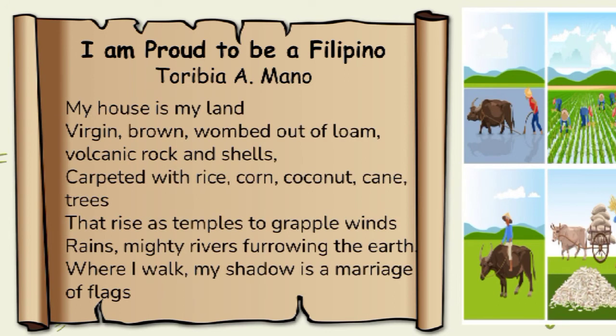My house is my land, virgin, brown, wombed out of loam, volcanic rock and shells, carpeted with rice, corn, coconut, cane, trees that rise temples to grapple winds. Rains, mighty rivers furrowing the earth. Where I walk, my shadow is a marriage of flags.